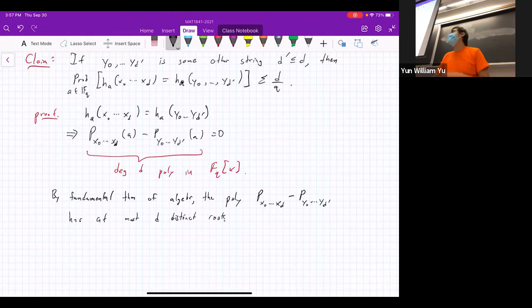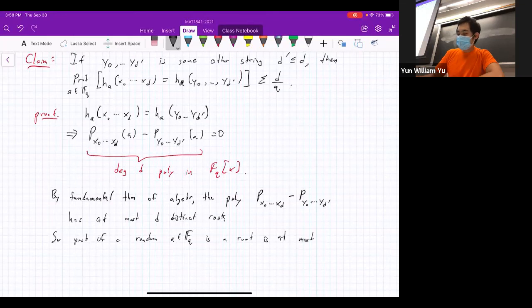So what we're asking is, what's the chance that a random field element is a root of this polynomial? This polynomial has degree d, and so there are at most d different roots. And so your chance of a random element being one of your roots is just d over Q. So the probability that a random a in FQ is a root is at most d over Q.